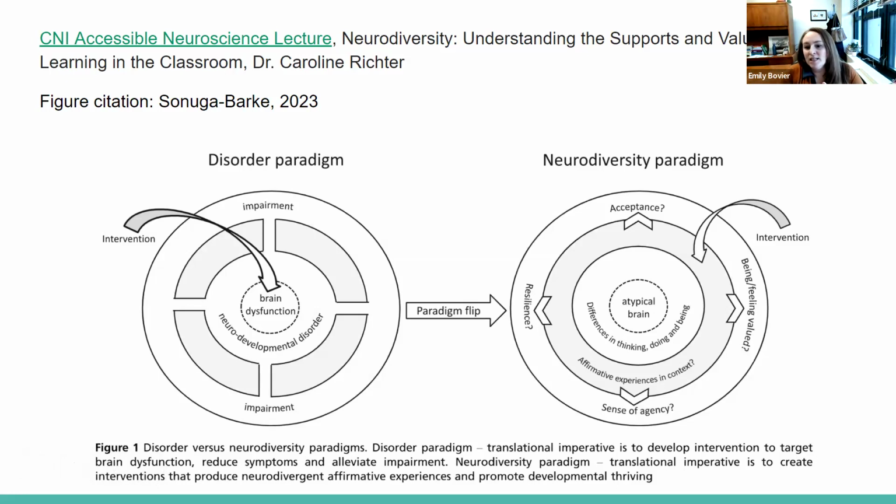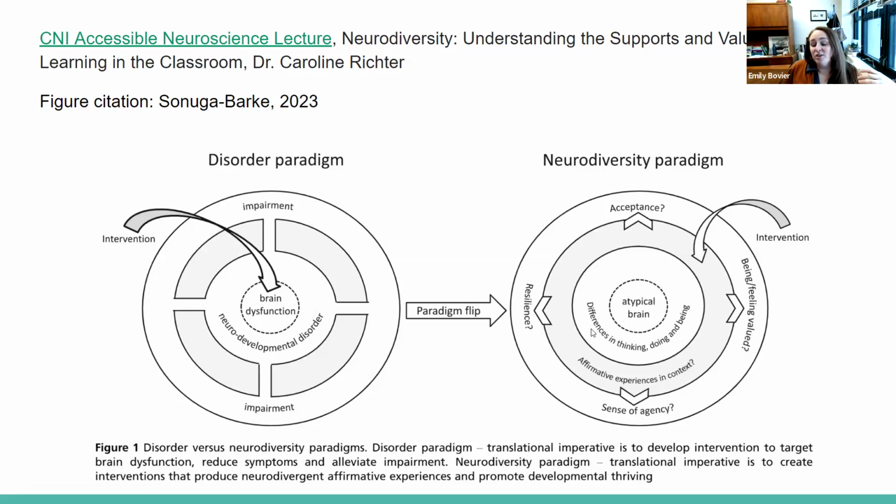This neurodiversity paradigm flips it from a disorder paradigm and considers the idea that we all have individual differences in our brain. So someone with autism may be atypical. If you think about a normal distribution, a bell curve, they might fall on the ends of the distribution, but that is normal variation.